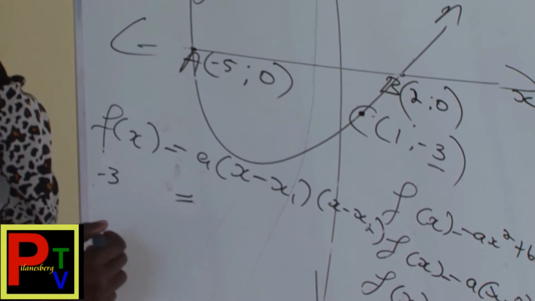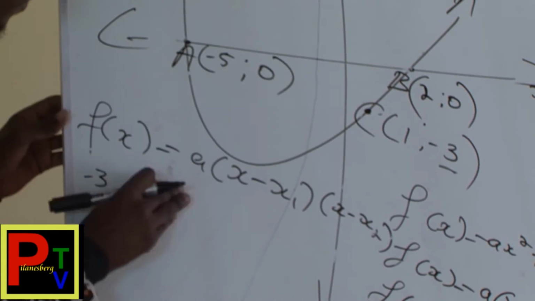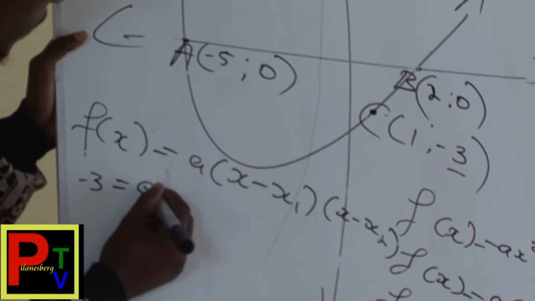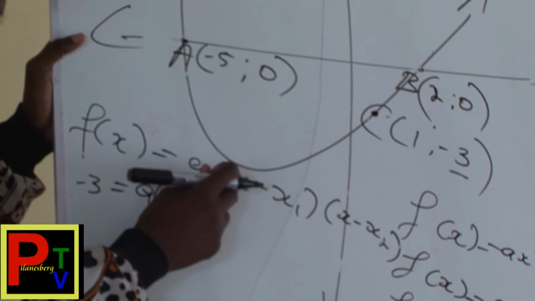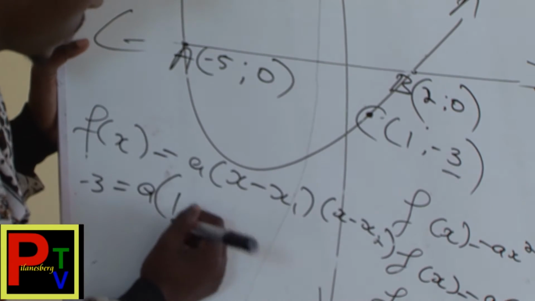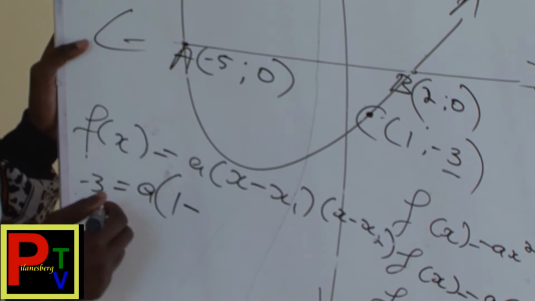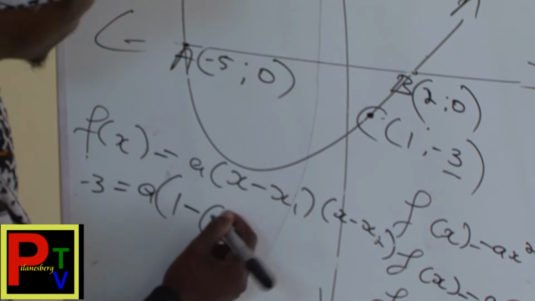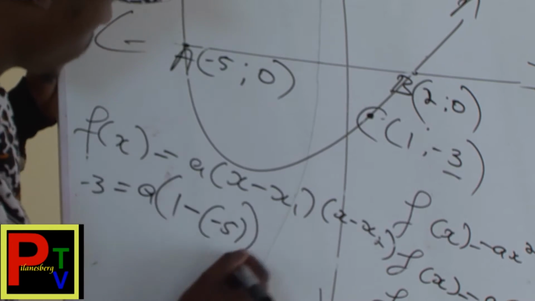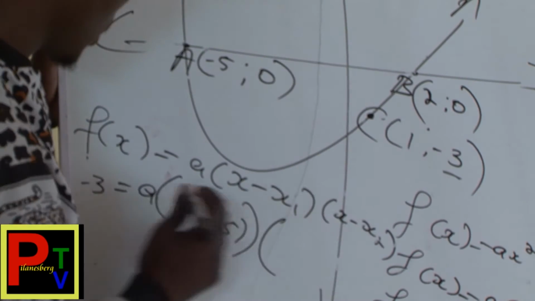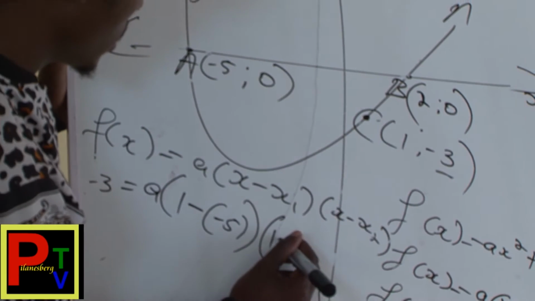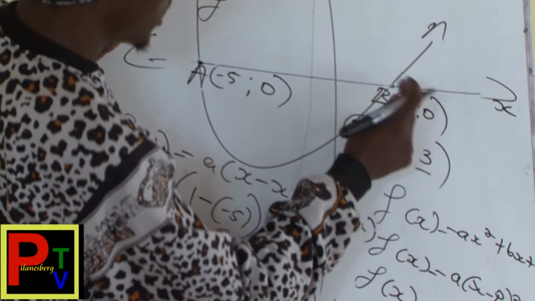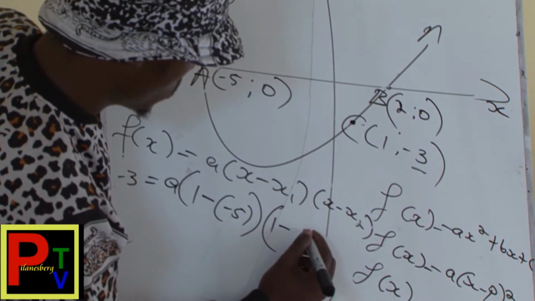We said we always start by calculating the value of A if we are not given. Then our x is 1. Whenever you substitute, use a bracket. Then this is our x-intercept, negative 5. Our x is 1, minus negative 5. Then our x2 is 2.